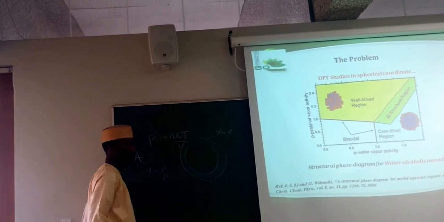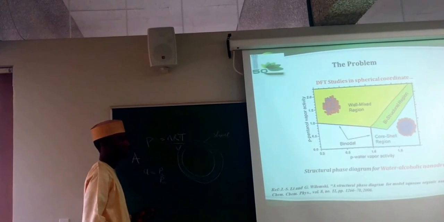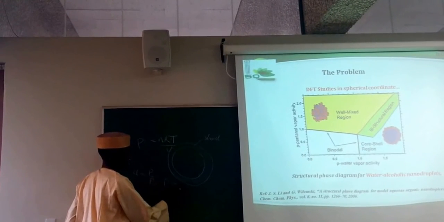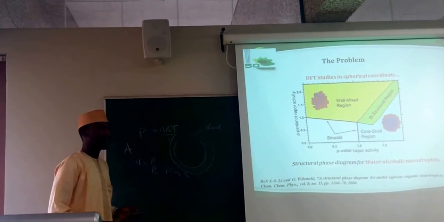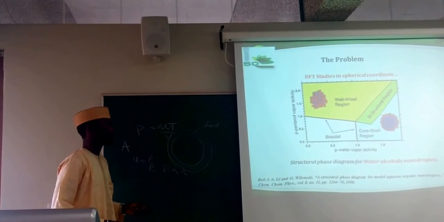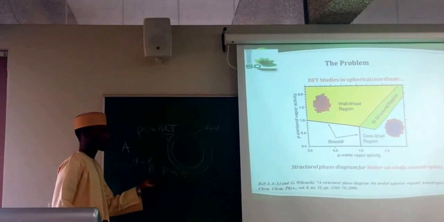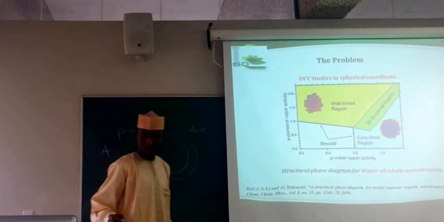So N over V is the number density, right? So P is proportional to the density. This is how we govern our MD, because in our MD we cannot control the pressure, but we can control the number of particles. Okay, go to the solubility.